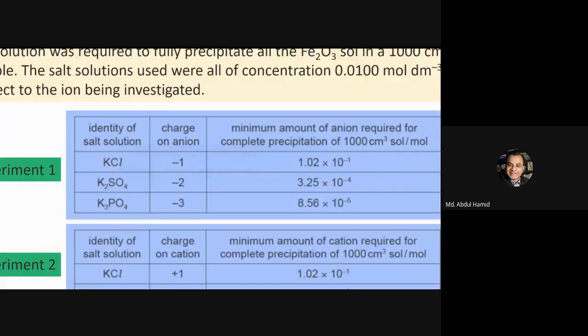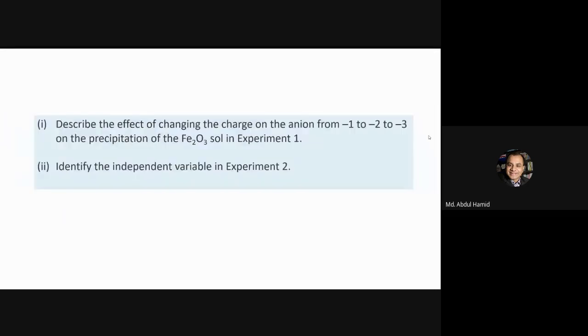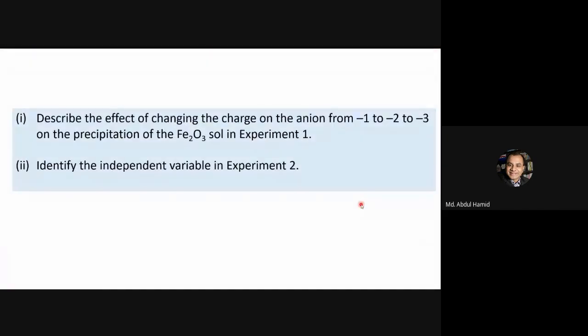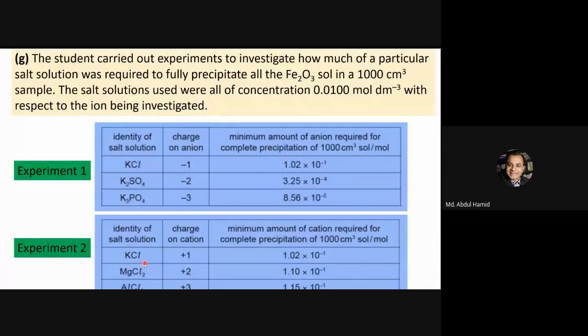The question is the effect of changing the mass of the negative ion: 0.1, 0.2, 0.3. If we see the diagram here, this is decreasing, is the answer. Another question: the independent variable in experiment 2. Again, the independent variable is that the positive ions are changed.